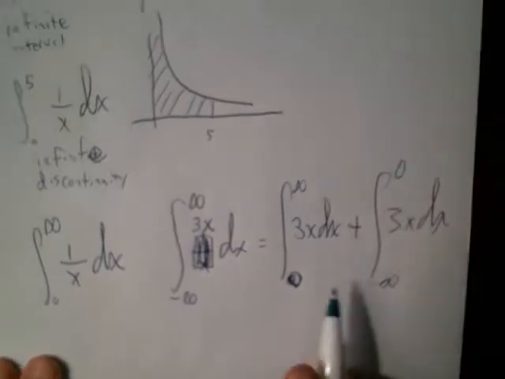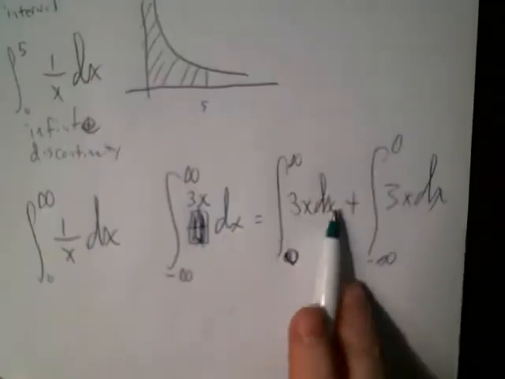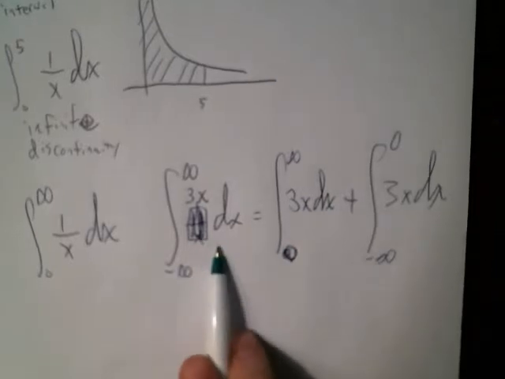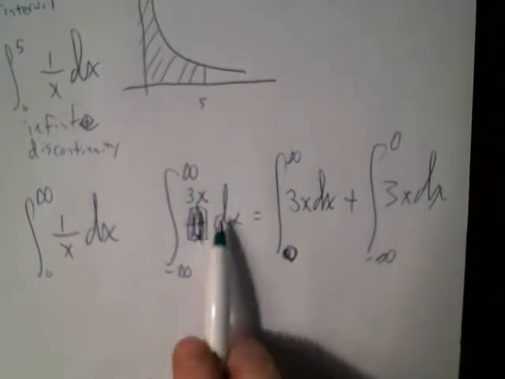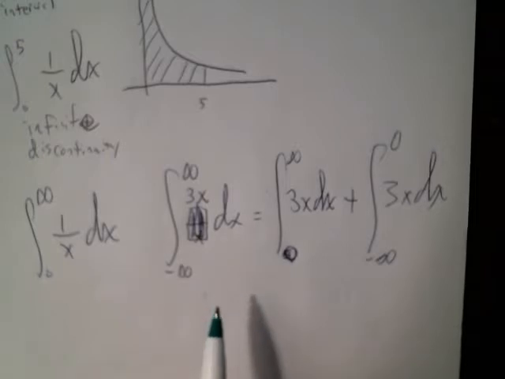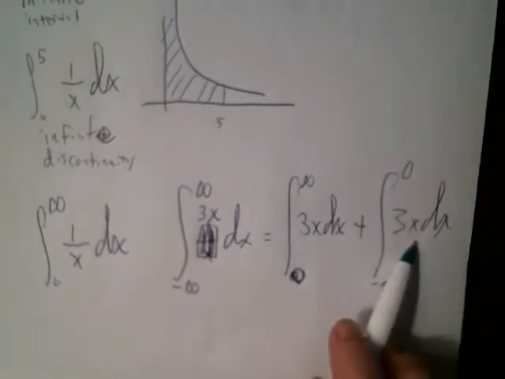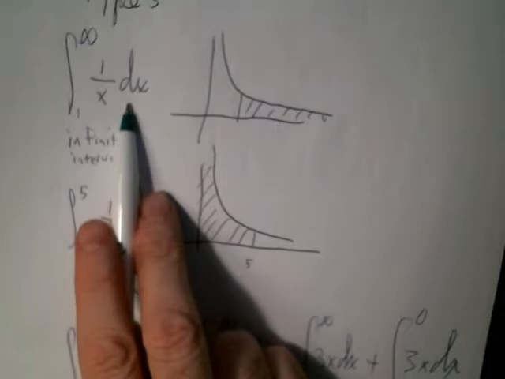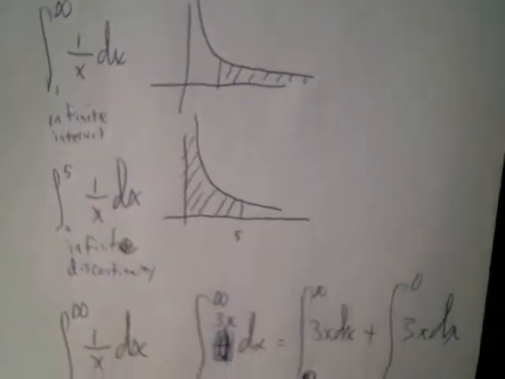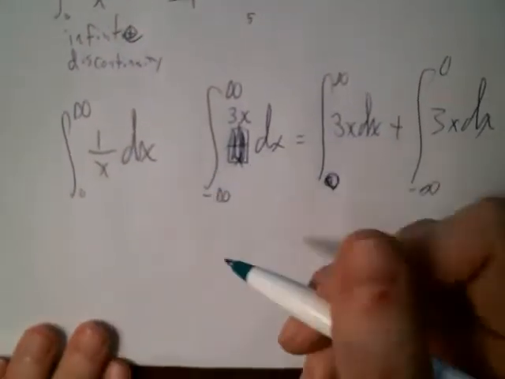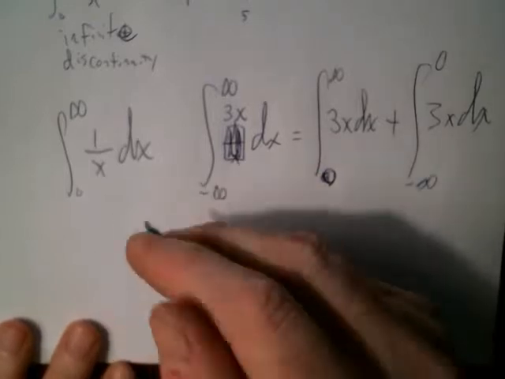We'll teach you the methods for dealing with these cases, and when you have two infinite types mashed together, you'll just break them down into the types where there's only one infinite discontinuity to deal with. Likewise for having a discontinuity within an interval.